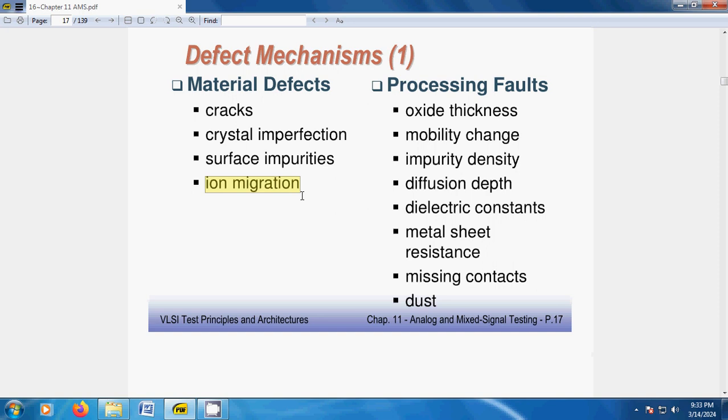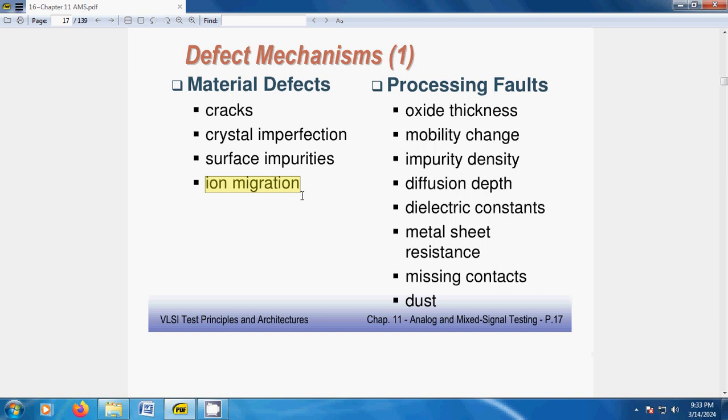Consider a source: the number of electrons changes with respect to time, so after 10 years it will not be the same as when it was manufactured. This is because the ions migrate over time towards the drain. So this is one more material defect.